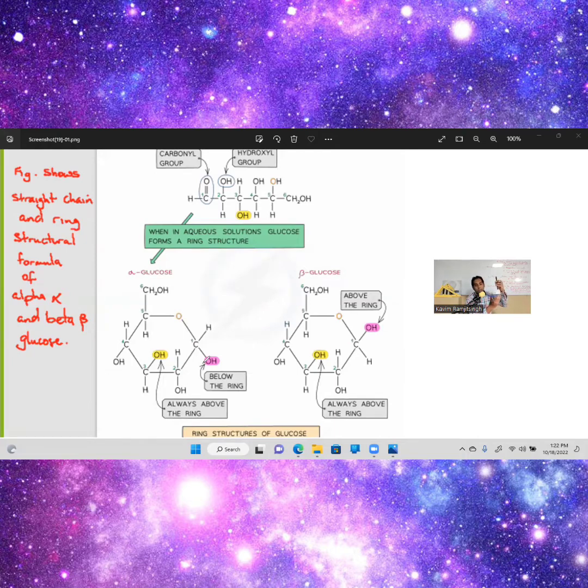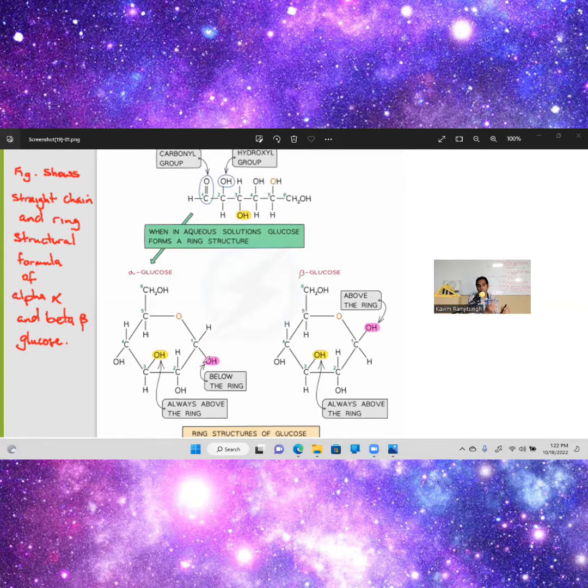So that yellow one would be like so, and this purple one will be like so. You think about the ring like this, and you would have that yellow OH up in the air. You'll have all the others around the whole hexagon flat, but this yellow one upwards, and this pink or purple one on the underneath. And that there is the alpha.